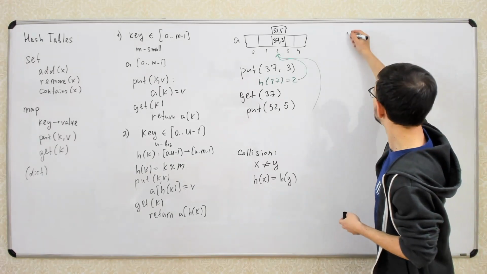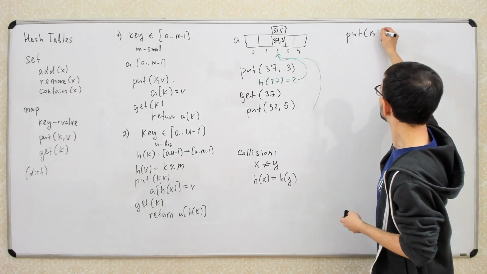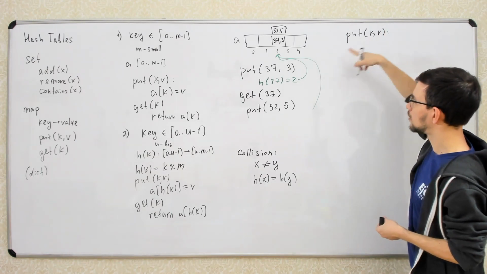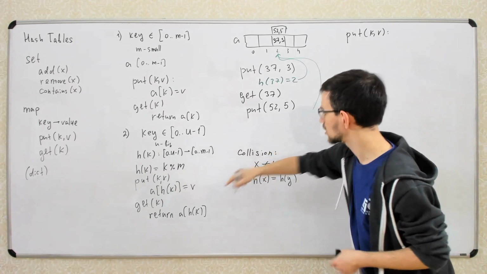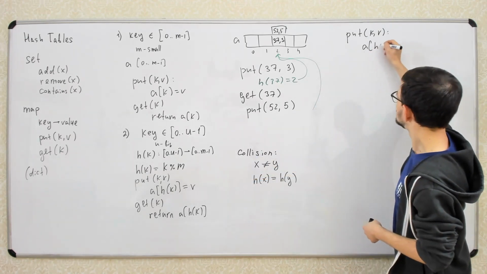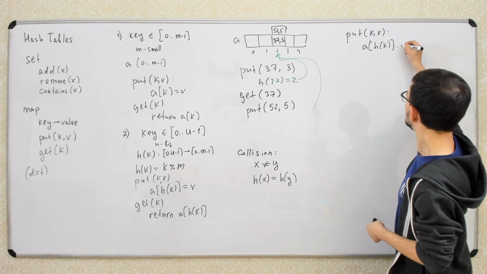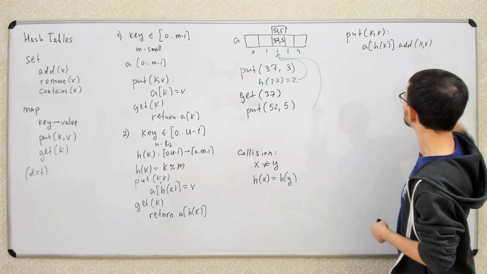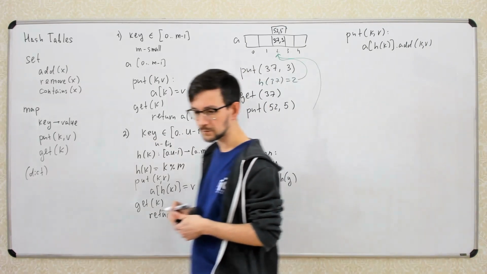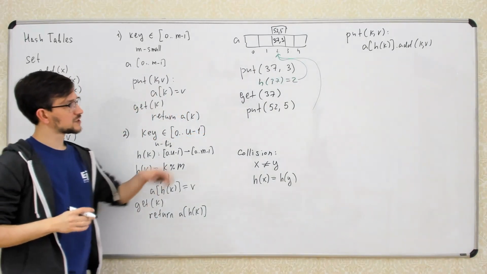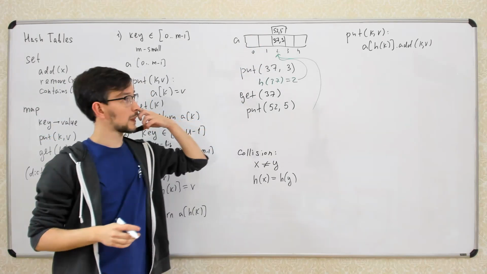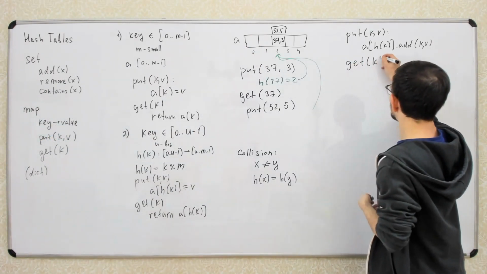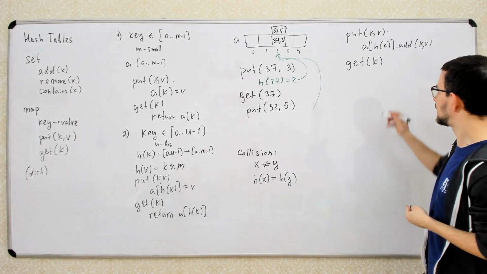Let's make a simple implementation. When we put a new pair into our hash map, we simply calculate the hash function, get this cell, and add the pair key. So we just add this pair to the list of pairs in this cell. And when we make the get operation, we simply iterate over all pairs.